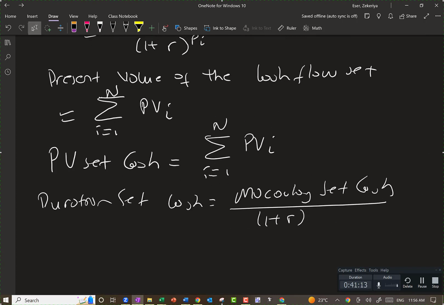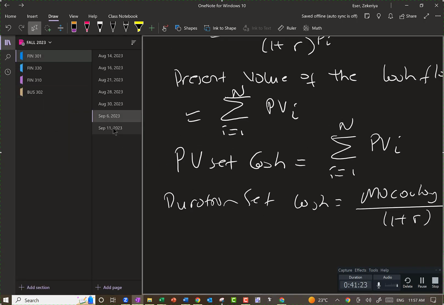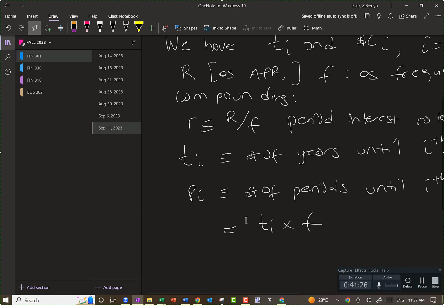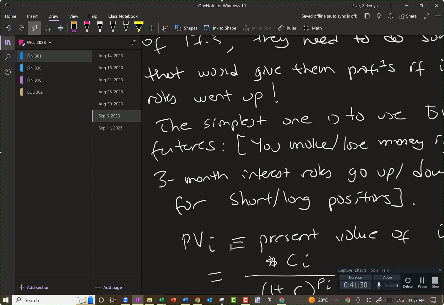R being the period rate, if you remember our discussion from last time. Okay, I wrote it in the wrong place, but I can copy it.